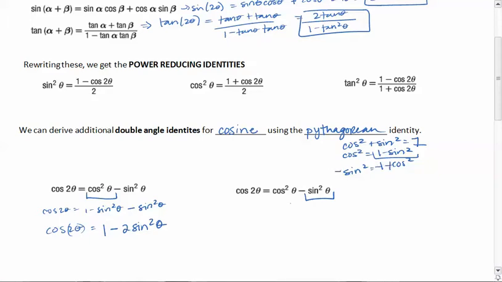And we would have negative sine squared theta equals negative 1 plus cosine squared theta. So cosine of 2 theta equals cosine squared theta minus 1 plus cosine squared theta, which means we have cosine of 2 theta equal to 2 cosine squared theta minus 1.